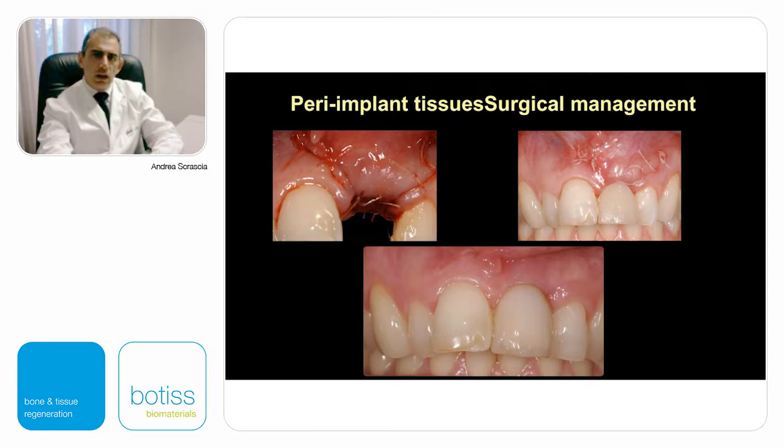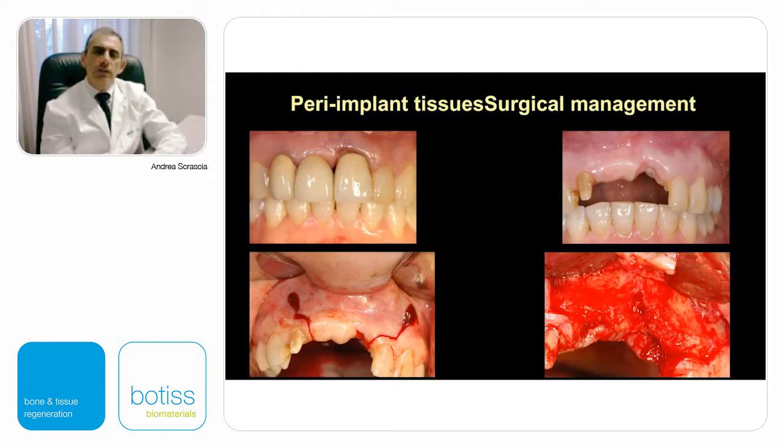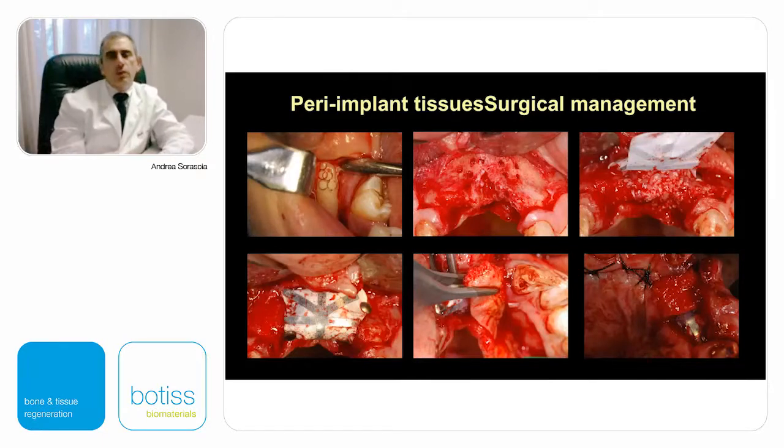Next clinical case: this is a 50-year-old patient at the clinic for the fracture of the same central left incisor. Still to notice the incision lines, we can see vertical and horizontal bone defects with loss of the buccal plate. So bone regeneration with a non-resorbable membrane was executed with bone chips extracted from the ramus to increase the volume of the tissues.